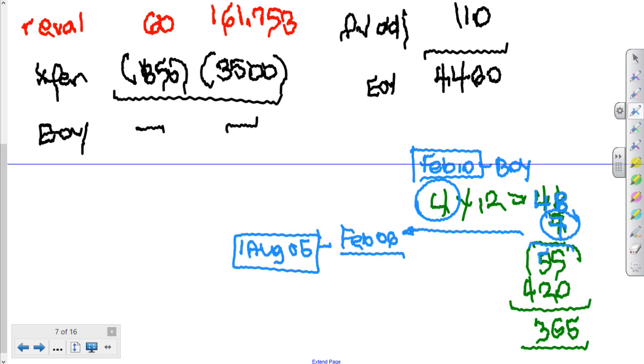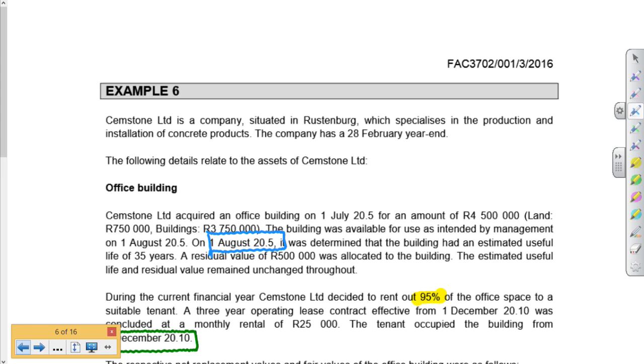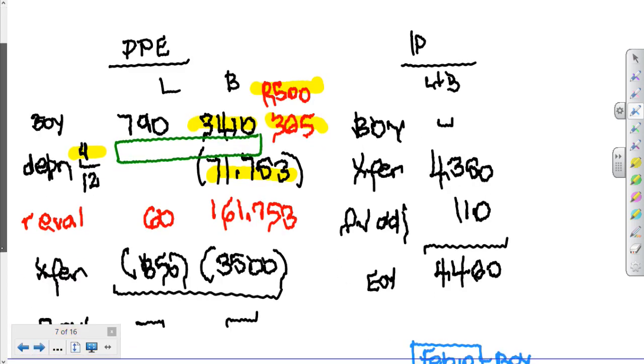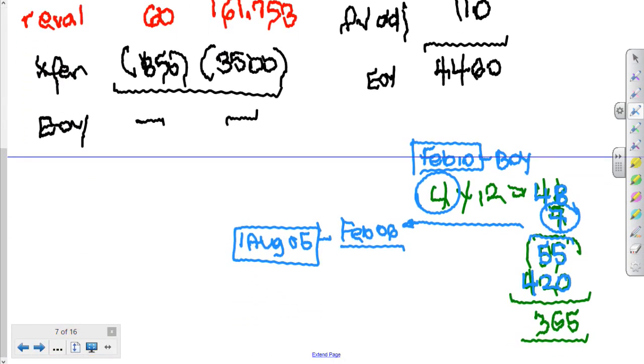It gives me 55 months altogether. My life of my asset was 420 months. I work in months when I have pieces of year. They told me that the life of the asset was 35 years. So 35 times 12 is 420 months. So therefore, at beginning of year, remaining life was 365.